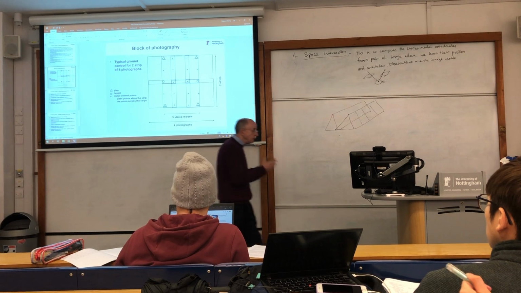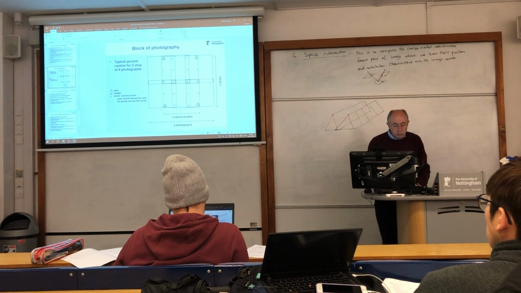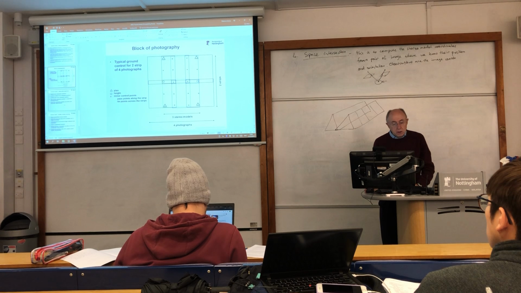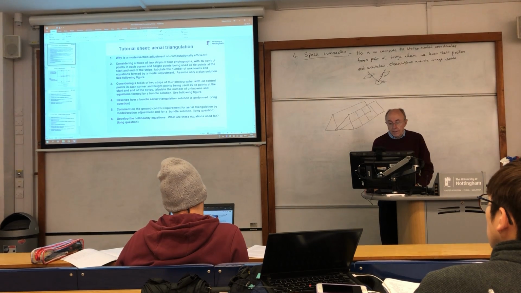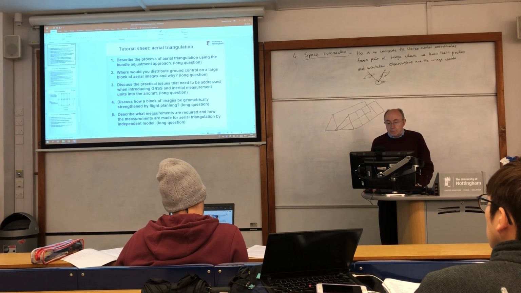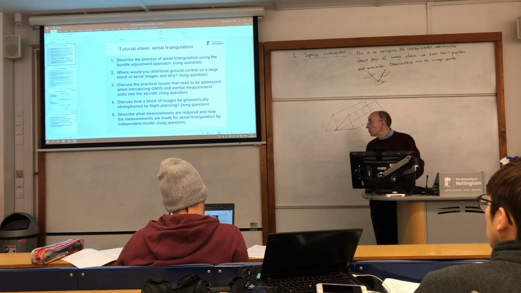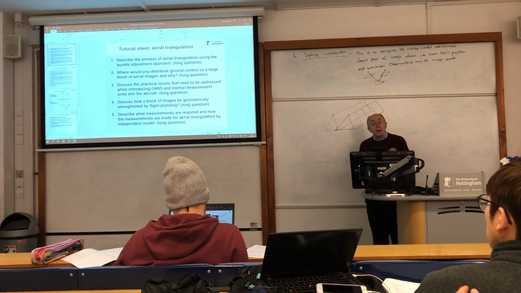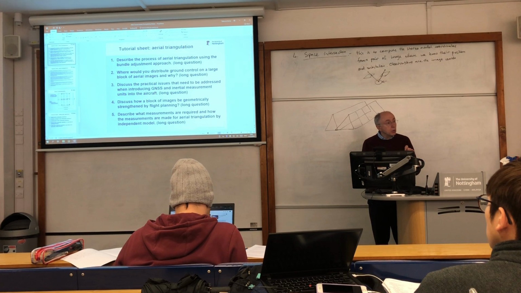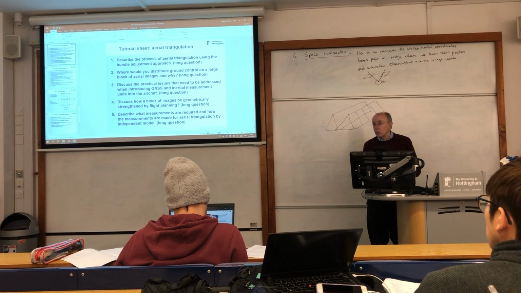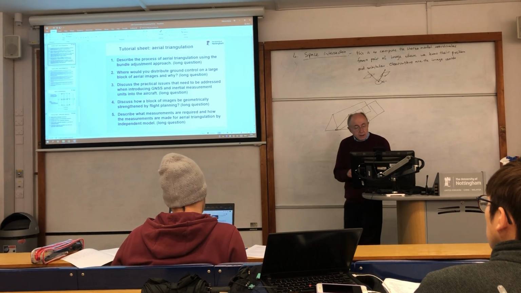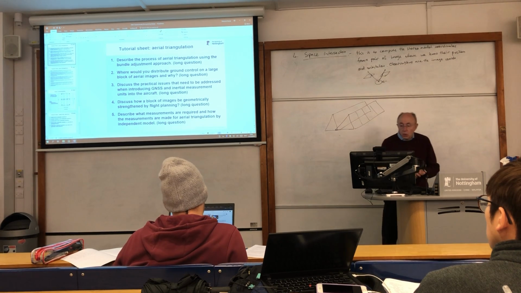So again, describe where you would put the control in that question. What measurements are required? Well, you need the X, Y and Z coordinates of the tie points. X, Y and Z, east, north, and height, whichever you want to call it, in the stereo model coordinate systems.